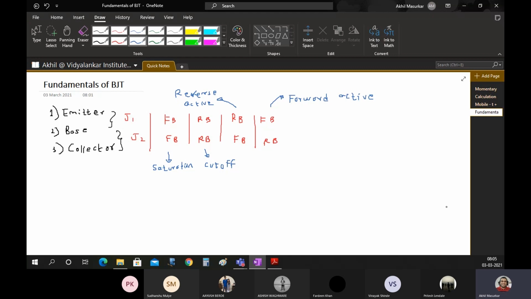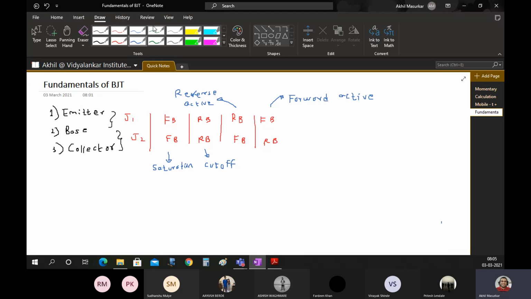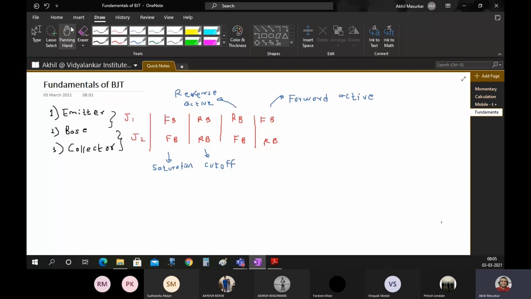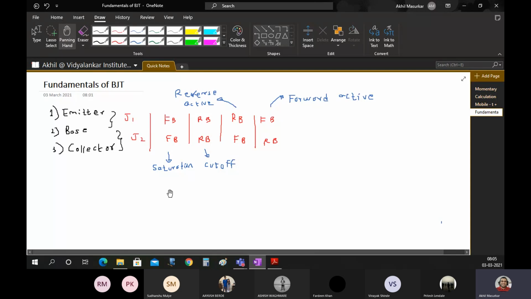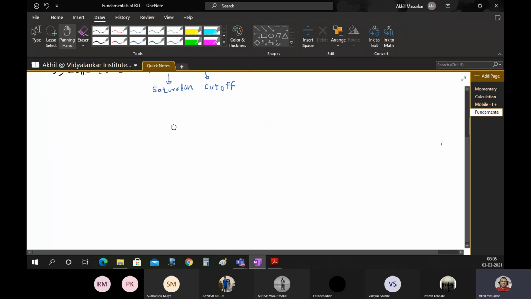Okay, so we have seen that this is the case, and now we want to see how this actually works. So we saw the first energy band diagram. In that we saw how the current cannot flow from emitter side to the base side.